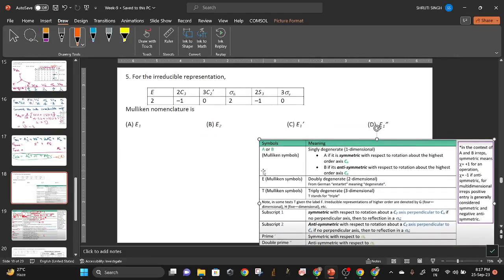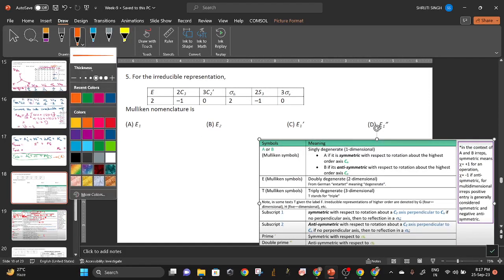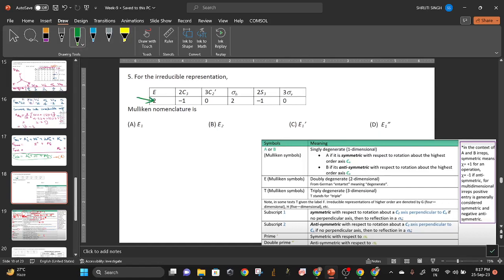Here we have a two-dimensional basis. It is a two-dimensional character. Now let's see. The character under E is 2. So I know the Mulliken symbol will start with the letter E.